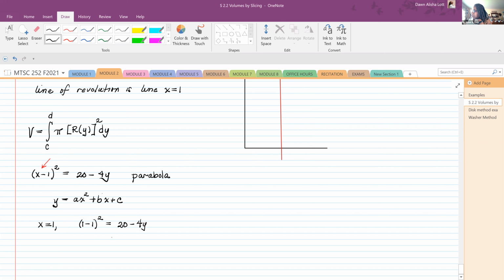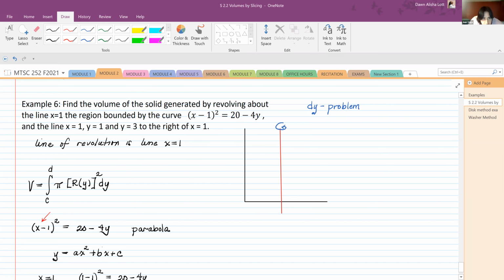So that says 0 is equal to 20 minus 4y. So I get 20 over 4 is equal to y. So that's 5. Student: That'd be negative 5.